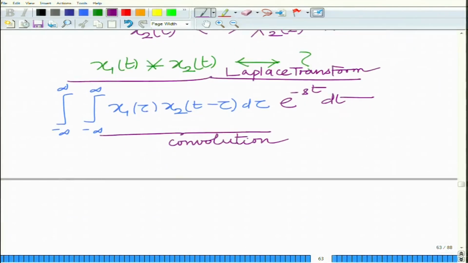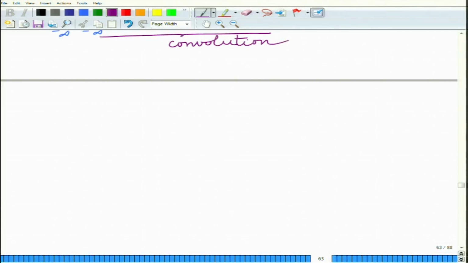And now you can simplify this by modifying the order of integration as follows.